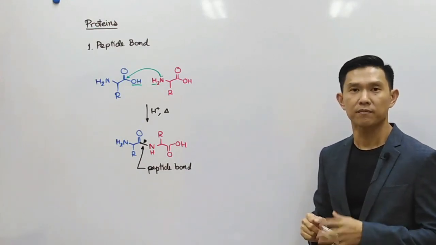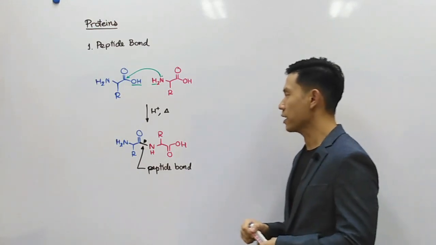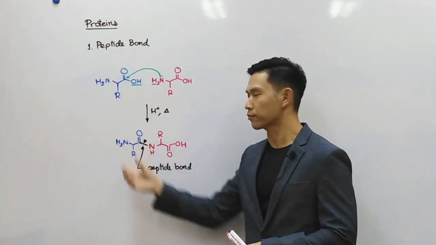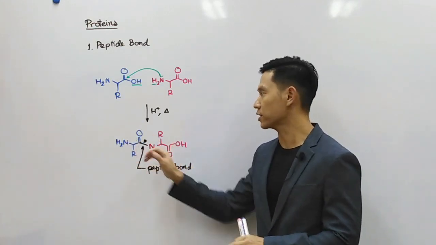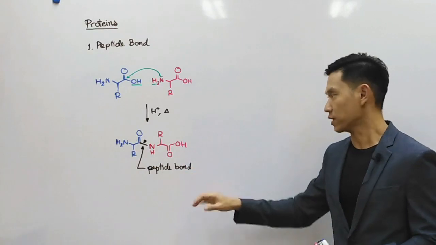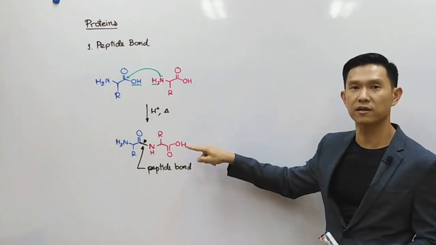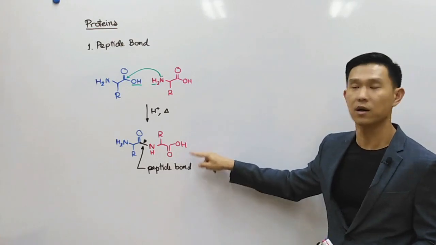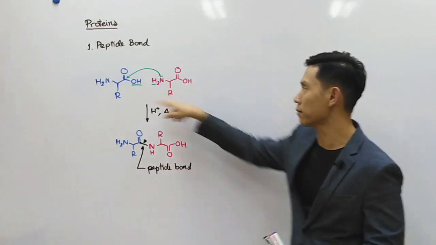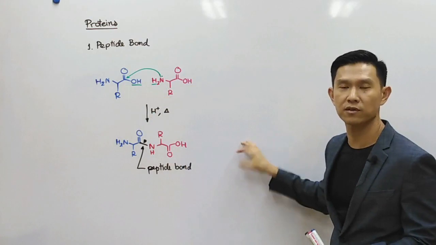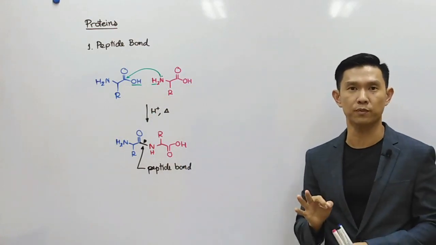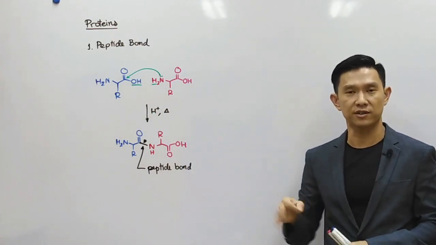But actually, it's not necessary that the product is formed by the condensation between only two molecules. Because the pink here has an active carboxylic acid, it can condense further with the amino group of pink or of blue. Then you have 3 units in one molecule, and so on.